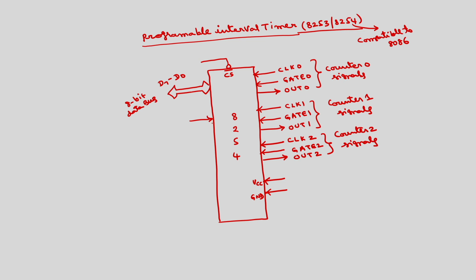Then we have A1 and A0 signals which will select the counters. Then we have read bar, write bar. So, total 24 signals. So, this is a 24 pin IC.